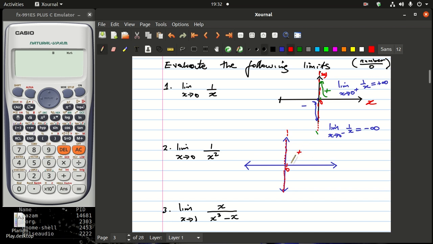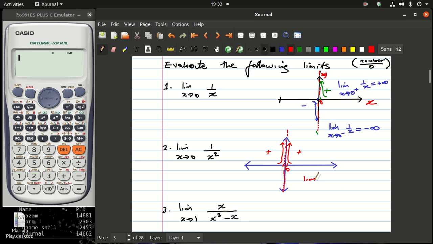So this function on the right is going this way, smoothly like that. If I pick a value on the left of 0, I plug it here. This value that is on the left of 0 is negative. Taking a negative thing, you square it up, you get a positive thing. Positive divided by positive is still positive. So this function on this side also is going up.